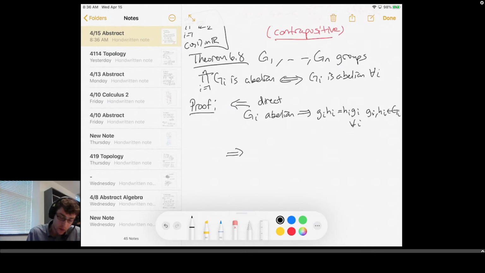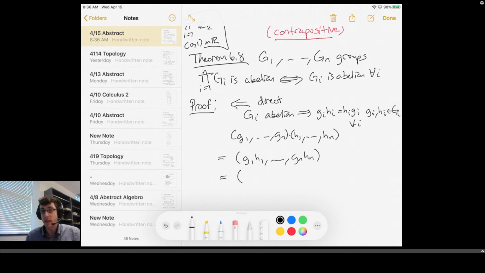So if you have 2 arbitrary elements in your product and you multiply them, let me erase this because I may need more room, this is going to be equal to g1h1 down to gnhn, but then in each coordinate it's abelian, so you can flip all of the orders.